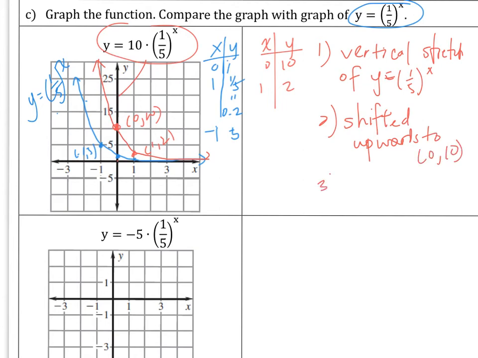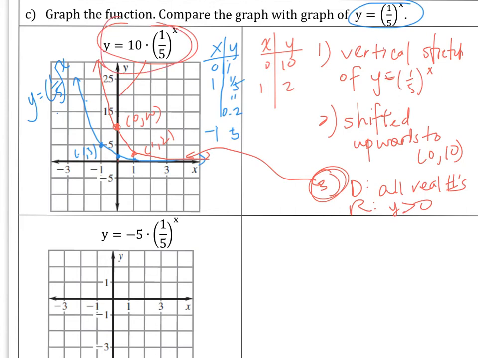And thirdly, we can say the domain is all real numbers, and the range is y greater than 0. And for this third point, I'm referring to the graph in red, or in other words, the given function that we're supposed to graph. Okay?